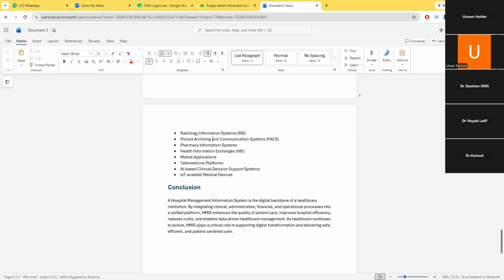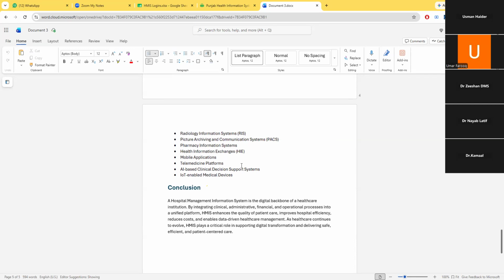Then there is a radiology information system, archiving and communication system, PACS module, pharmacy information system, health information exchanges to exchange data between different health organizations, and mobile applications for patients, so that patients can see their journey and have all the records of their medical history.